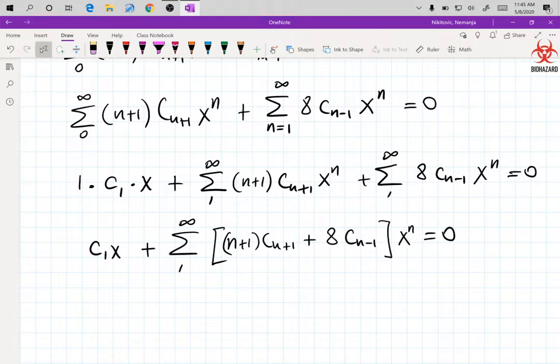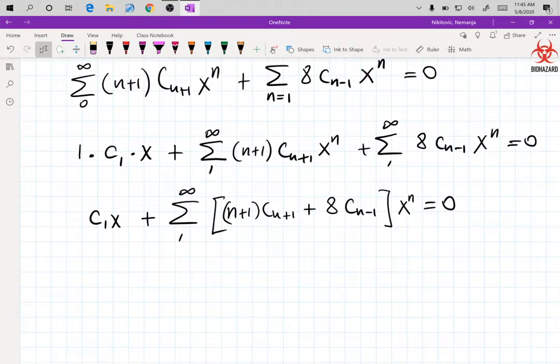Now, in order for this to equal to 0, we need this whole thing to be 0, and this thing to be 0 here, where we get that c1 is 0.